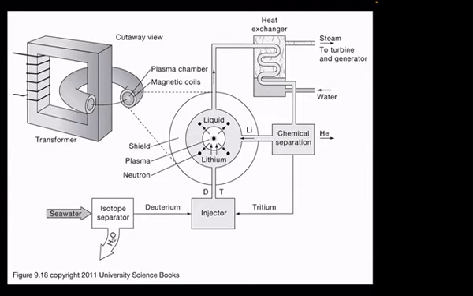Chemical separation, helium is off. There's a standard turbine. I don't know why I'm pointing up there with my hand. I have an iPad in front of me. There's your standard steam generation there. Same way you would do it with coal or anything like that. And over here is just a blow up of the donut shaped chamber.